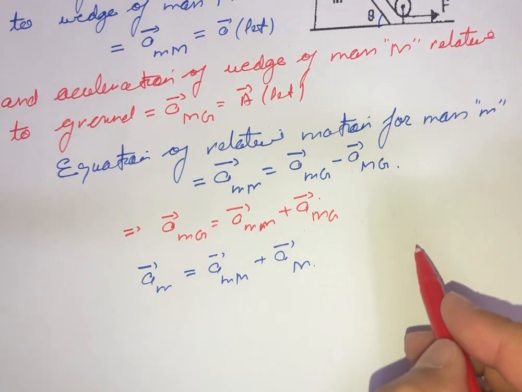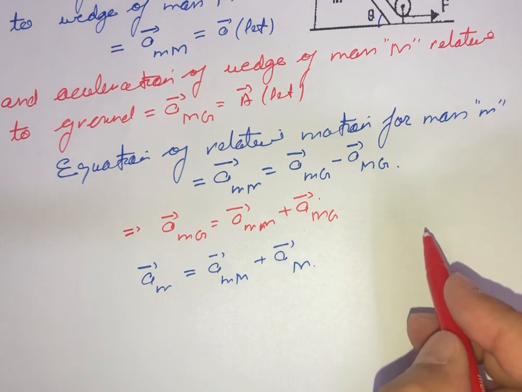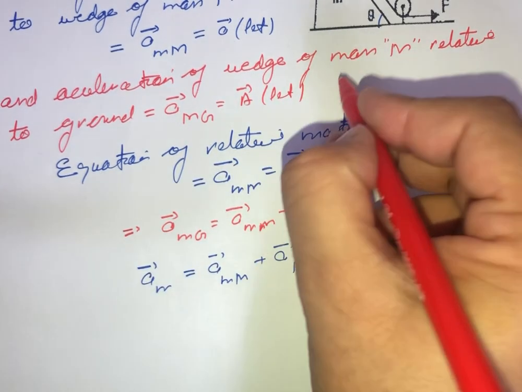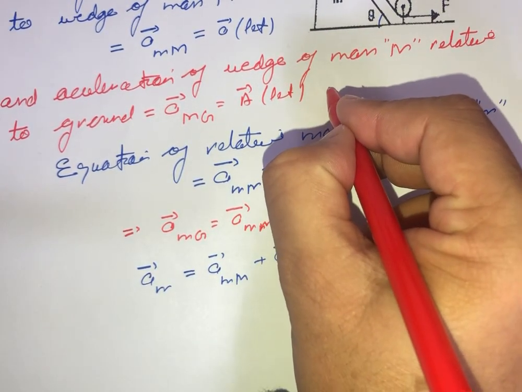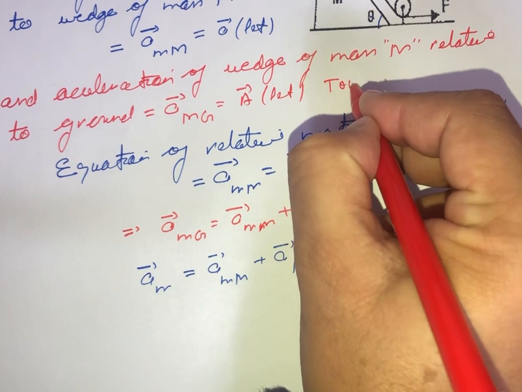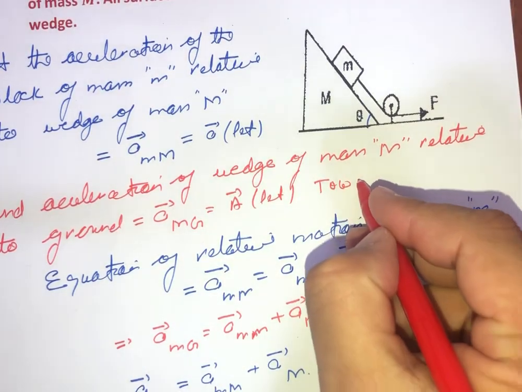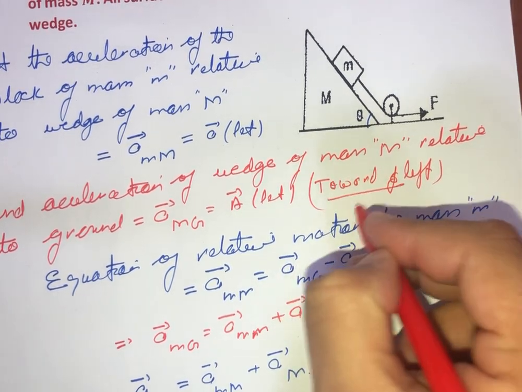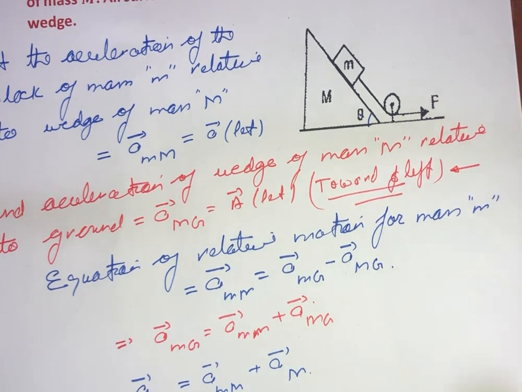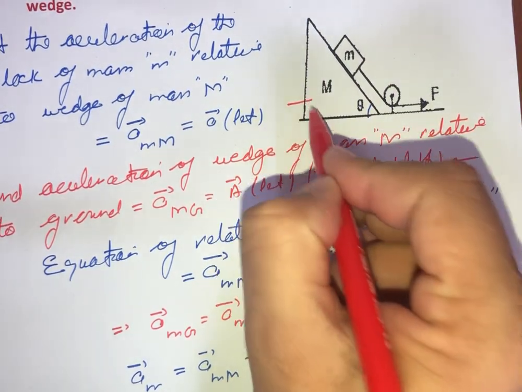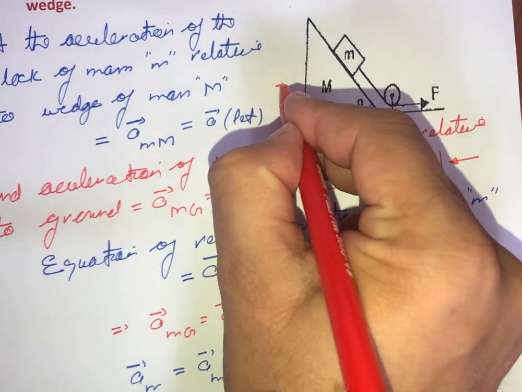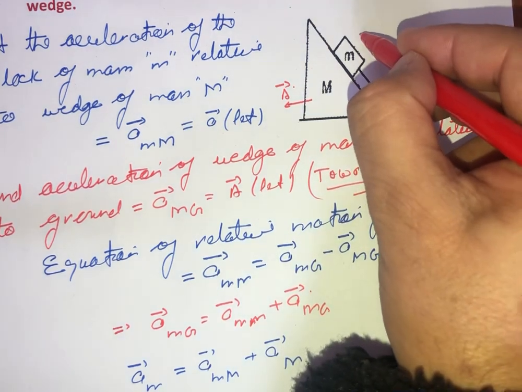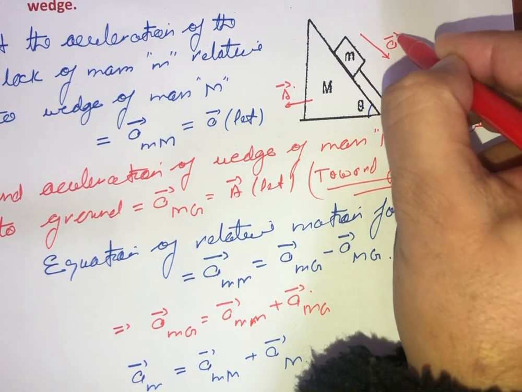Now in this case we say that this block capital M is moving towards left. So its motion is in this direction, and it is moving with the acceleration of capital A. And this small a is moving down the inclined plane with the acceleration a.